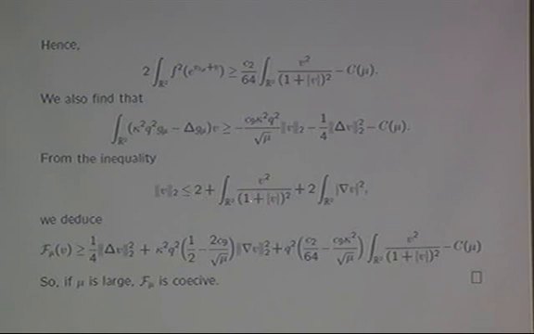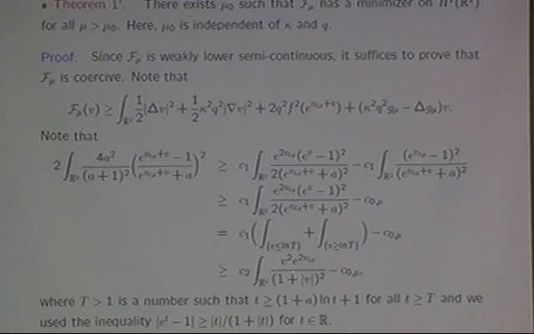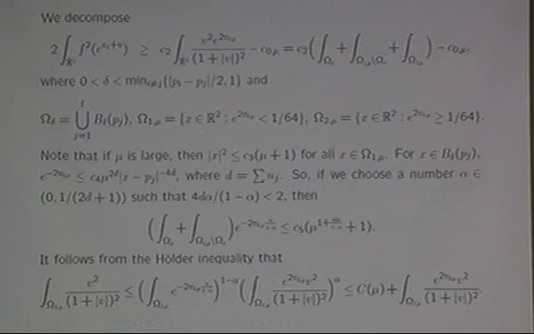So to have a bound of the L2 norm of v, this term appears in the functional. So we need to control this term. Unfortunately, this term appears here. After some calculation, let me skip this one. Then we can finally obtain this inequality.